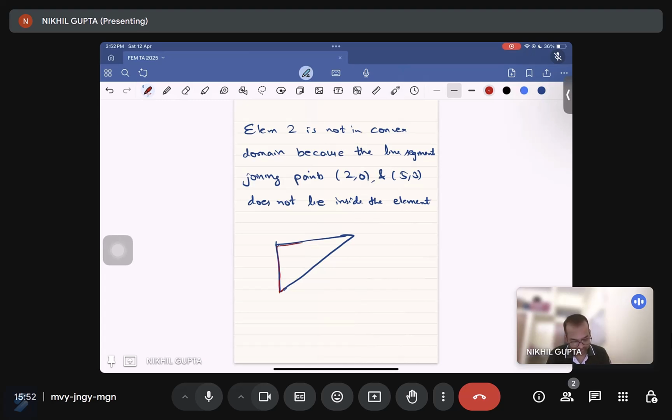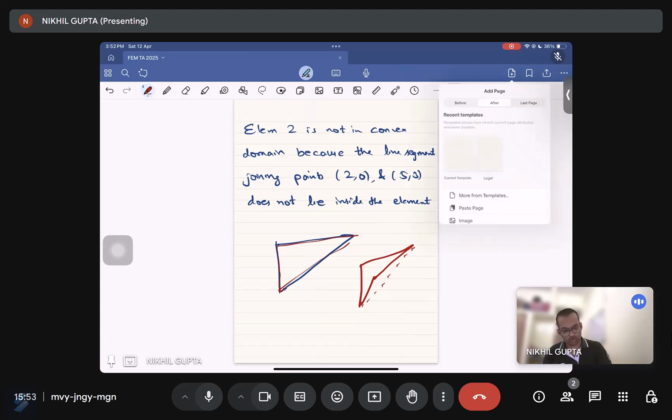Now if you take the same one again, if you join this, it will be outside. So a simple method to check whether the domain is convex or not: connect all the vertices, and if all the lines are inside the element, then it is convex. Otherwise, it is not. So what problem occurs when we have a non-convex element?